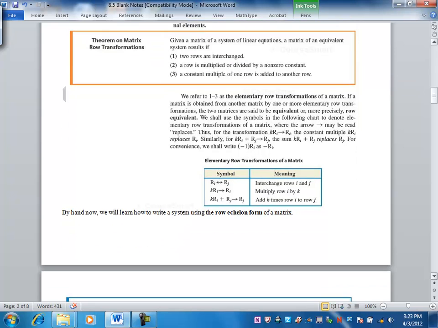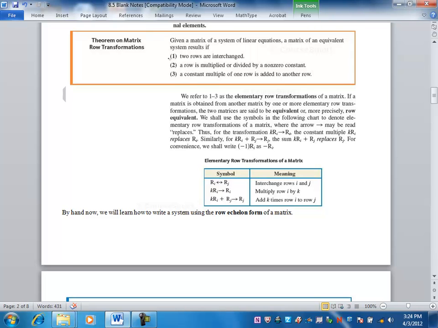And we refer to ideas 1 through 3 here as elementary row transformations or operations of a matrix. If a matrix is obtained from another matrix by one or more elementary row transformations, the two matrices are said to be equivalent, or more precisely, row equivalent. We shall use the symbols in the following chart to denote elementary row transformations of a matrix, where the arrow may be read as replaces.